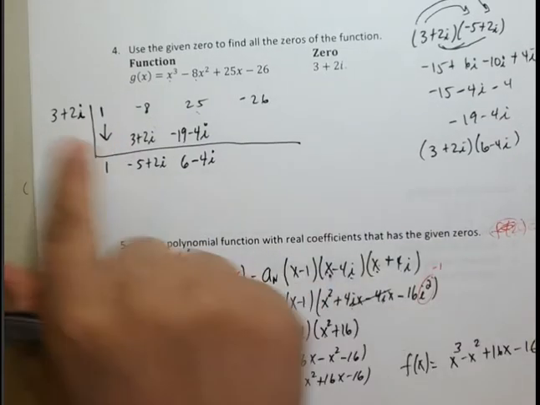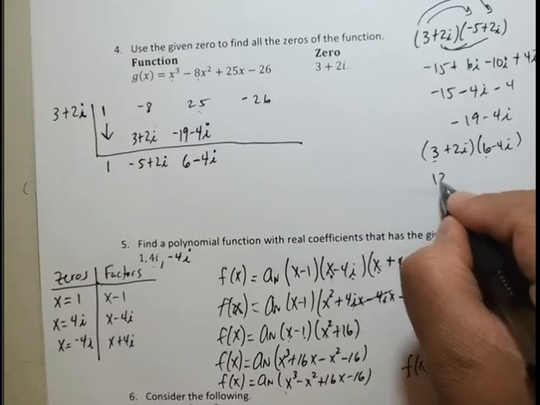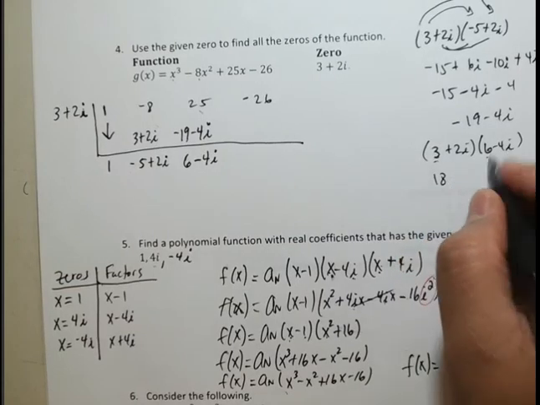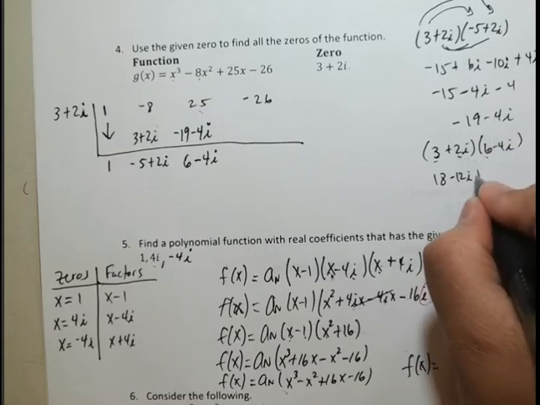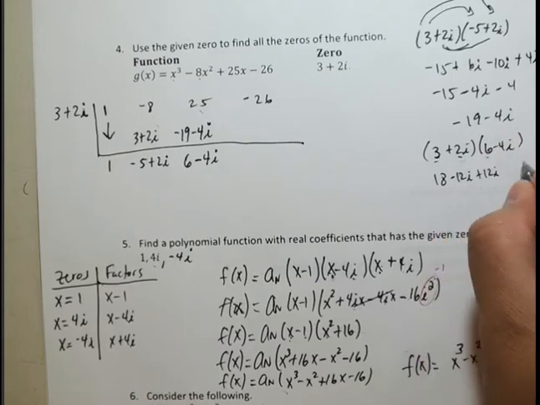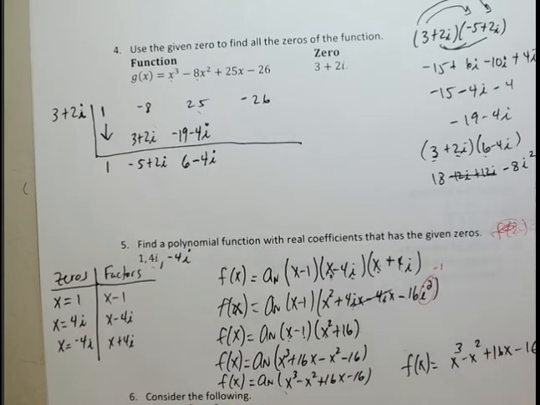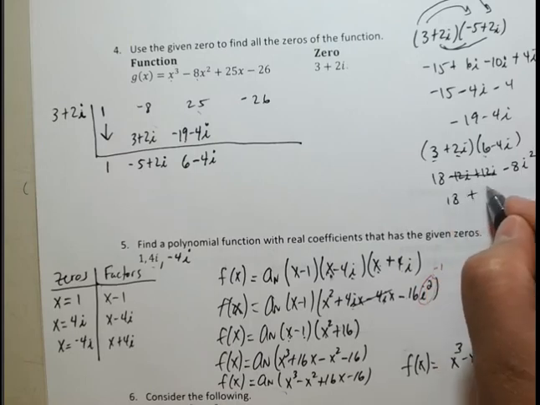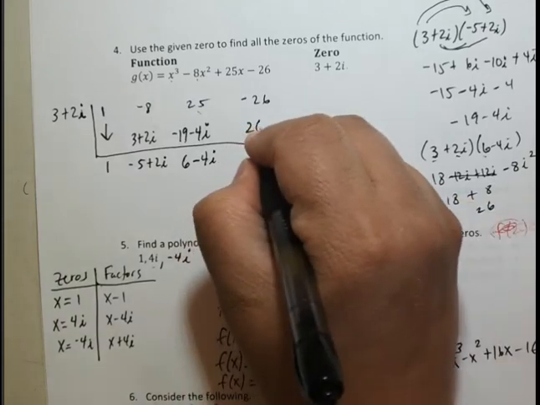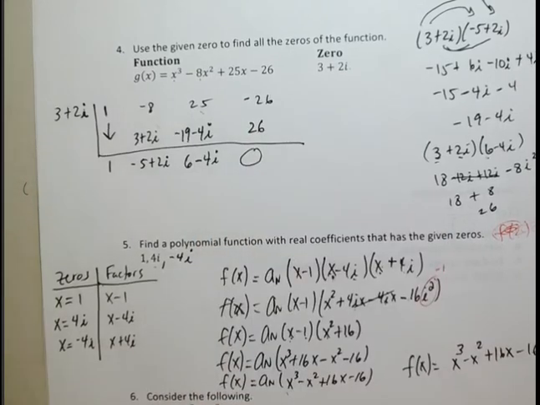You could just multiply from here, but I'm going to write it on the side. 3 times 6, 18. 3 times negative 4i is negative 12i. 2i times 6 is positive 12i. And then minus 8i squared. The 12i's become 0. This is going to be 18 plus 8, which is 26. And then plus 26 minus 26, so we get 0.